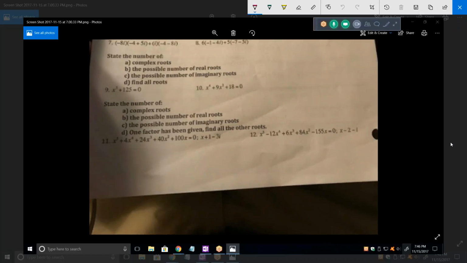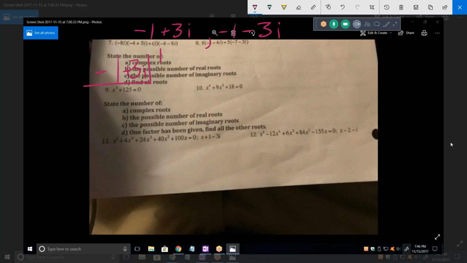So I've got -1 plus 3i and -1 minus 3i. Those are my roots. So those are what go in the box. Start with the first one. Goes across the top.